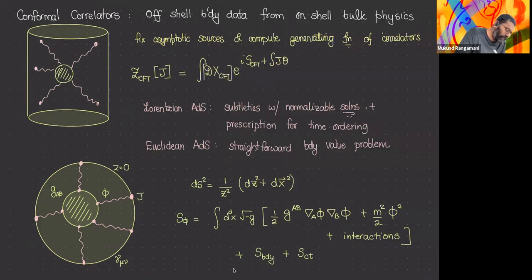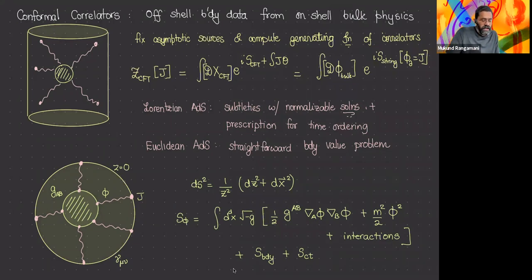And I want to say that this is the same as computing the bulk path integral with the boundary value of fields set to be J.